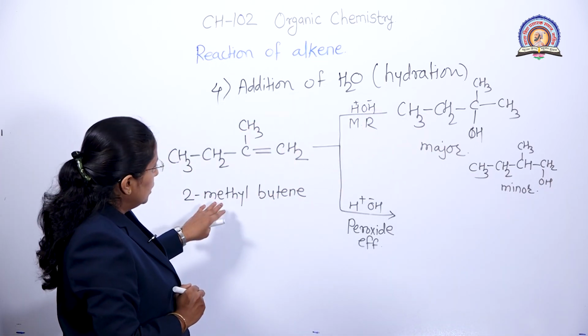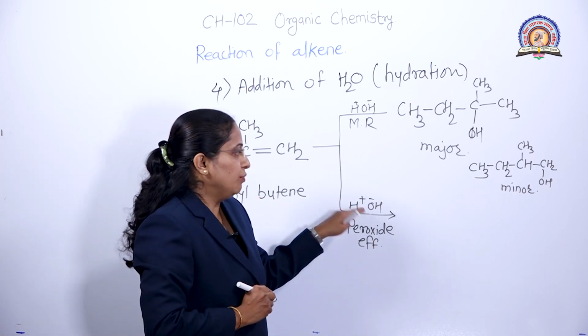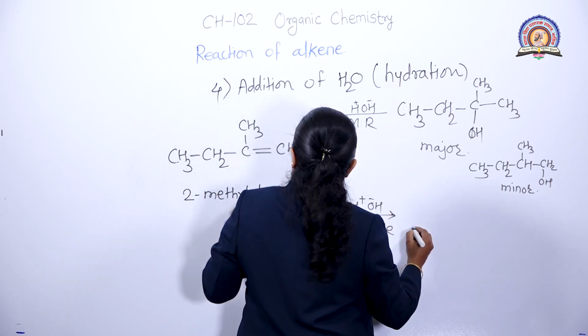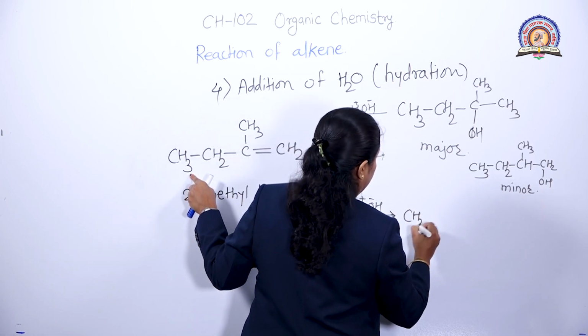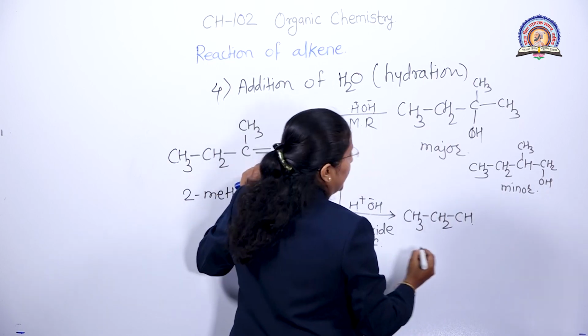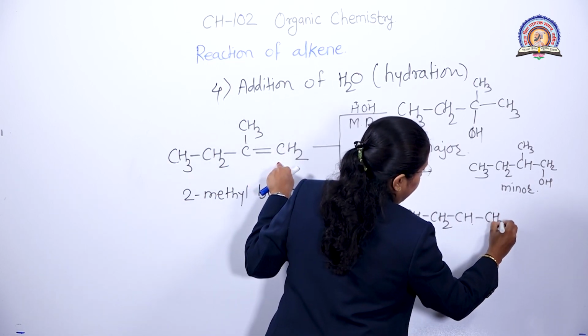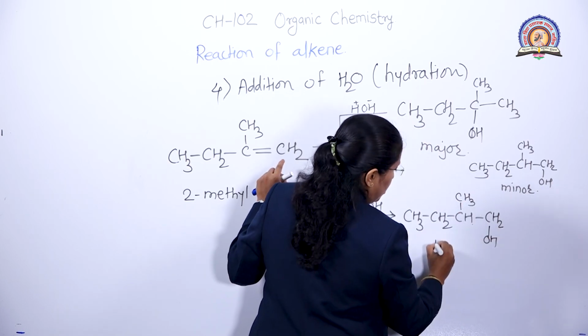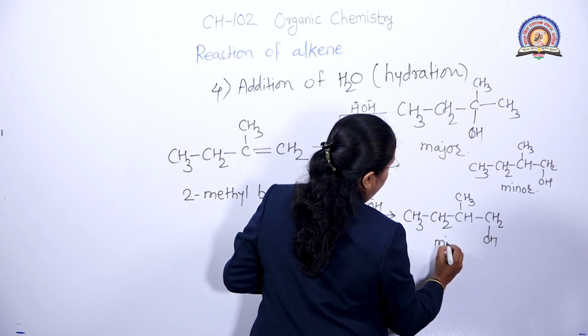When we add a water molecule to the unsymmetrical alkene and the peroxide effect is there, the product is exactly opposite. The negative part of the reagent gets attached to the carbon which has more hydrogens.